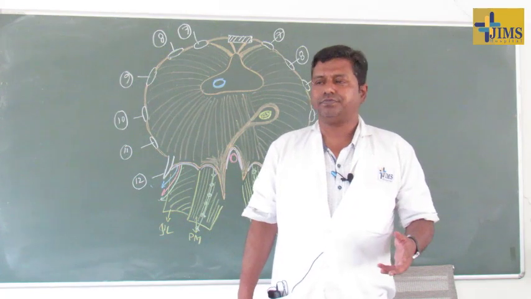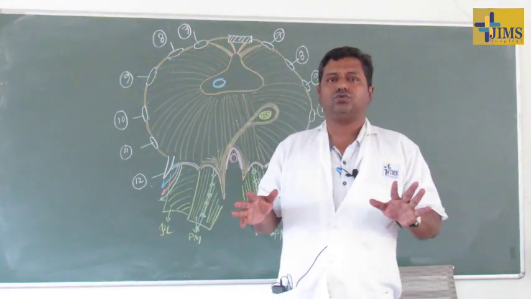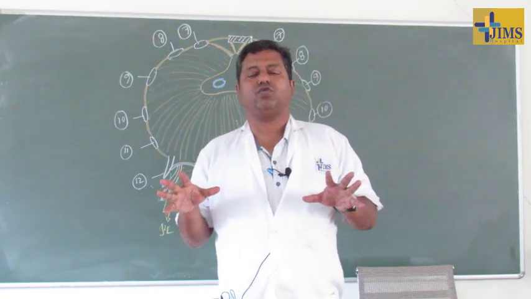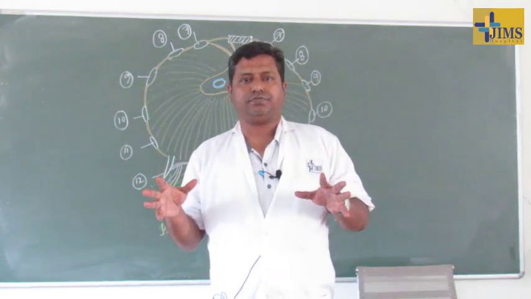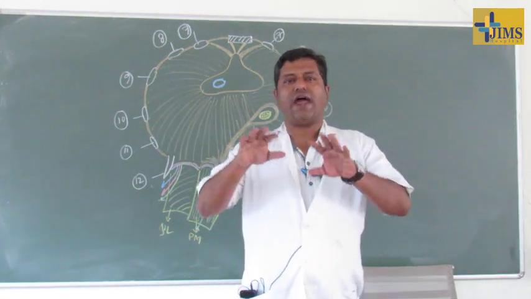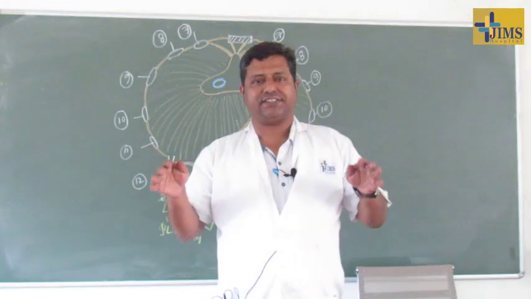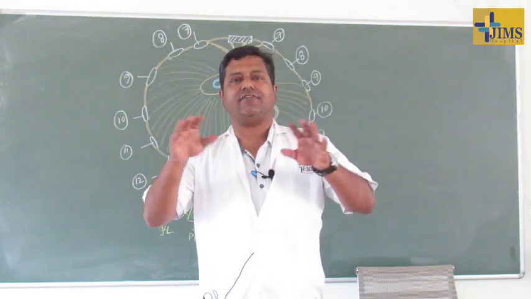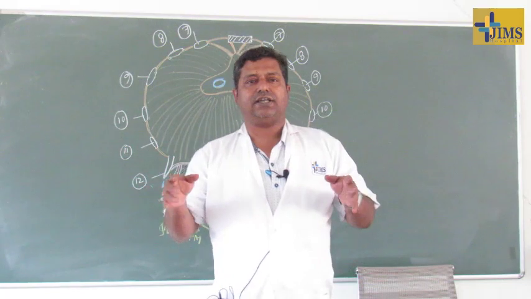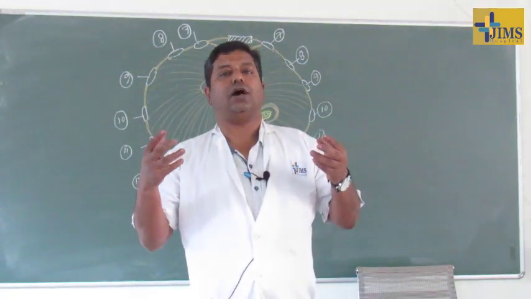Now, the diaphragm has got two cupola. What do you mean by cupola of the diaphragm? Towards the thorax, the diaphragm is convex, and the highest convexities of the diaphragm are what are known as the cupola.